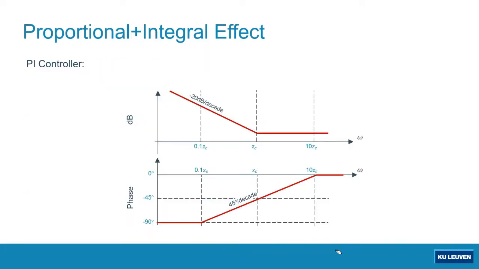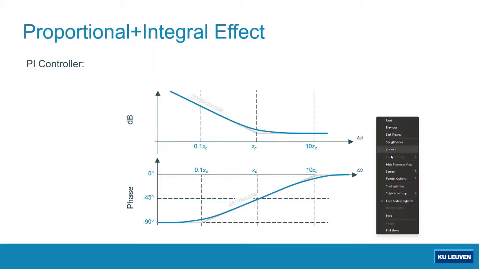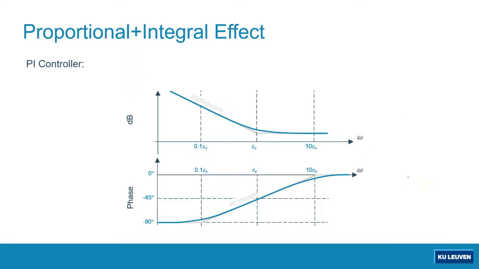The real plots of magnitude and phase diagrams are not exactly like the straight line sketching, but instead typically the magnitude plot and the phase plot will look like what you can see in this slide now, right?